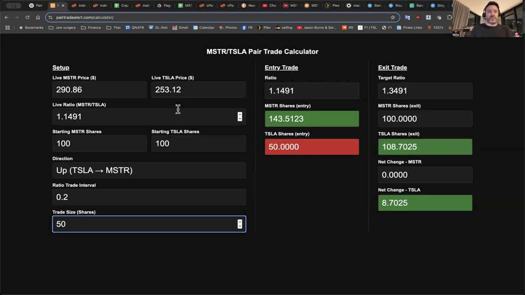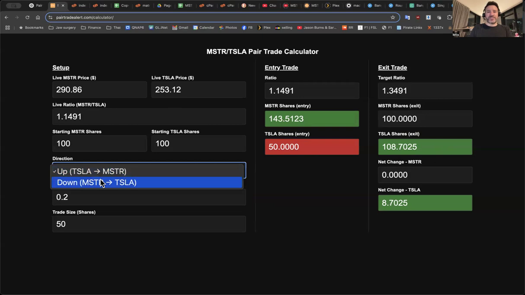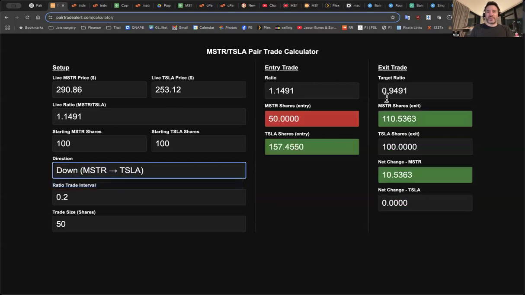And if you change the direction, so instead of going up by 0.2, now it's going down from 1.1491. So we think we're bearish about MicroStrategy and bullish about Tesla. So therefore we want to swap the other way around. So we're selling 50 MicroStrategy shares and we're buying Tesla shares.